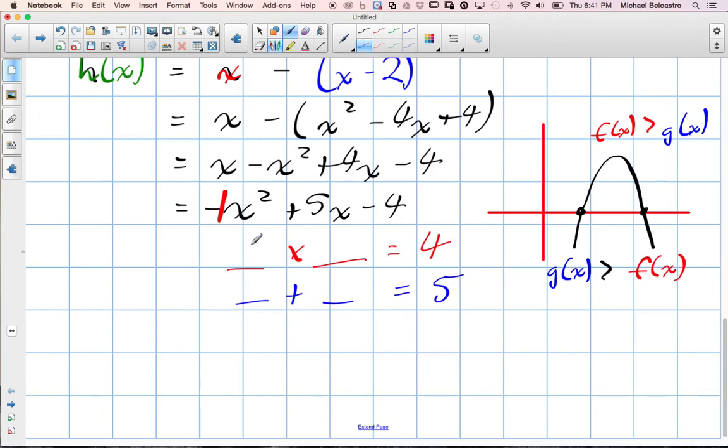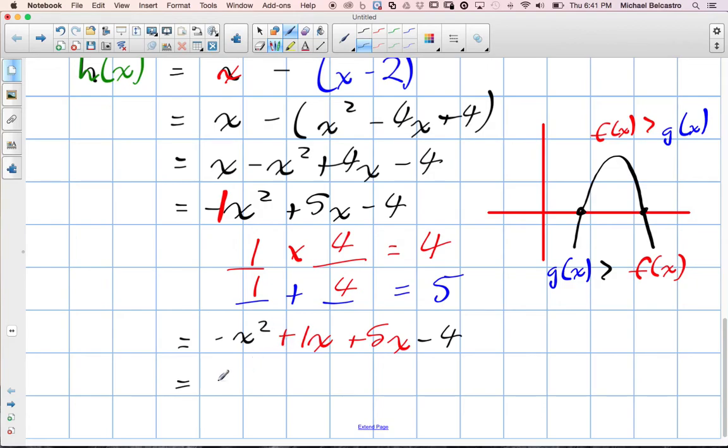So pretty simply, we have our values of 1 and 4. So when we take our function, we have negative x squared plus 1x plus 5x minus 4. We can factor out negative x here. Will that help us?